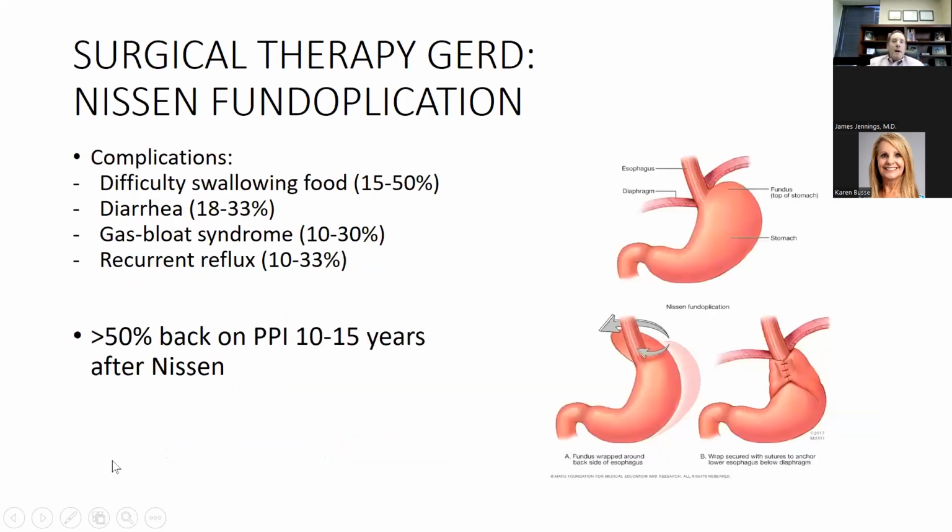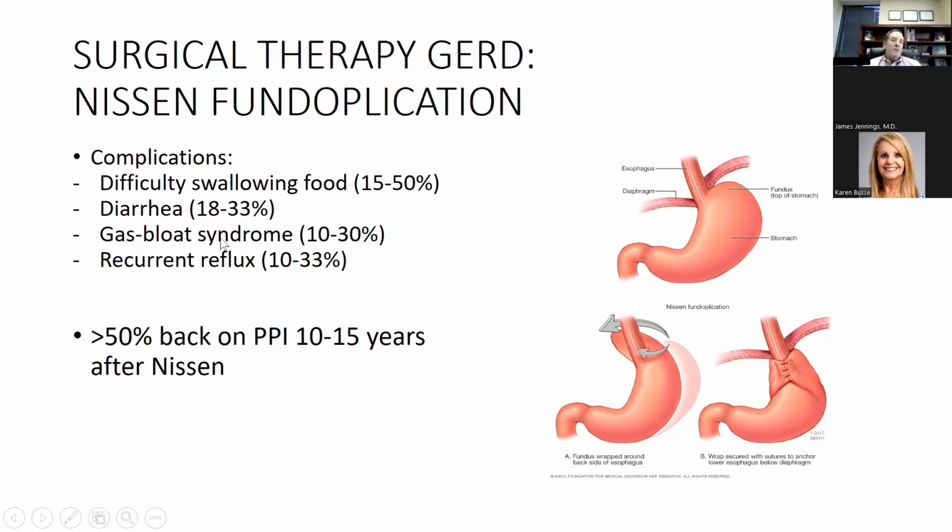But the problem about fundoplication is that it has a lot of immediate complications, difficulty swallowing food in up to half of the patients. Wrapping the GE junction alters the autonomic nervous system. A lot of patients develop diarrhea. Gas bloat syndrome is not only an immediate side effect or complication, but it can be long-term.